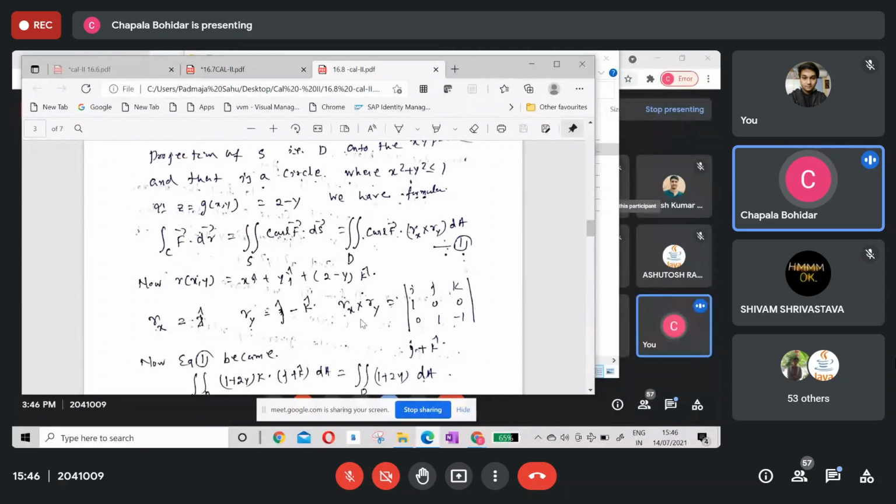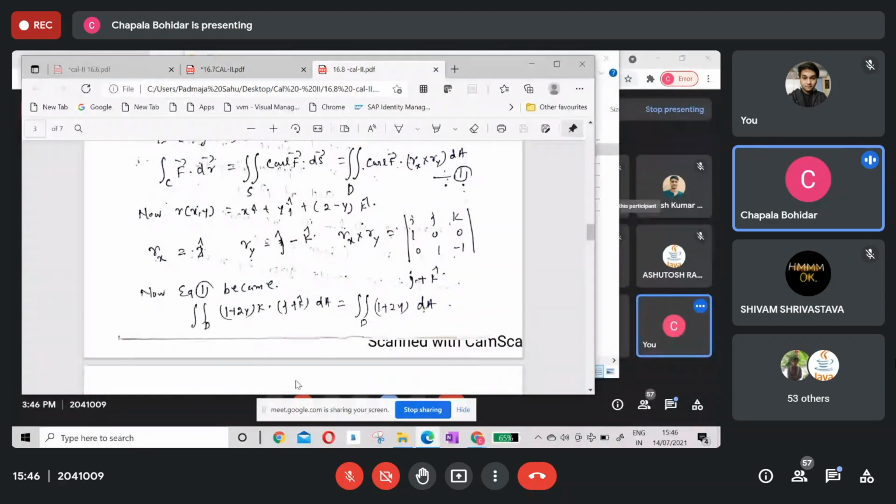Their cross product is j plus k. Now the double integral over the domain D of curl F, which is (1 + 2y) k, dotted with rx cross ry, dA. So you get this value.